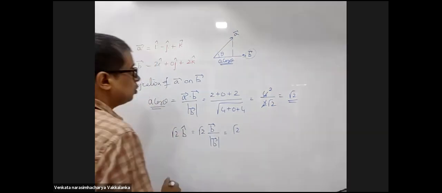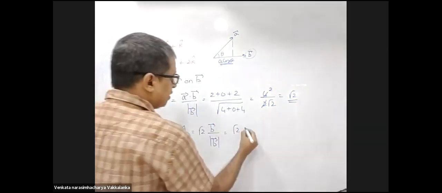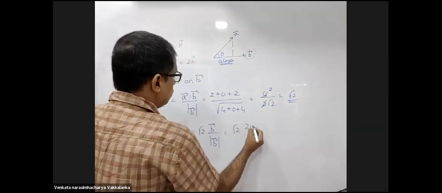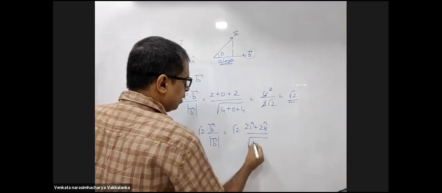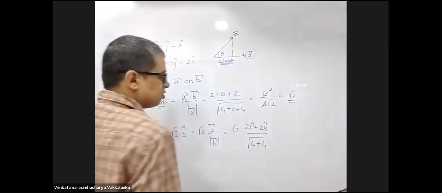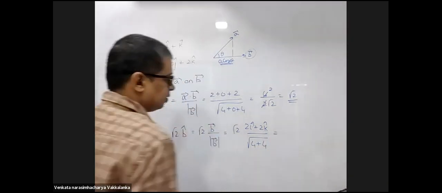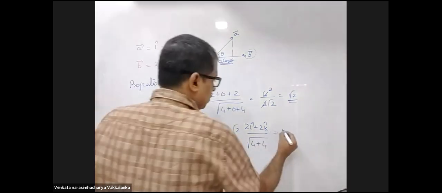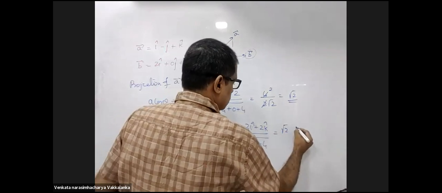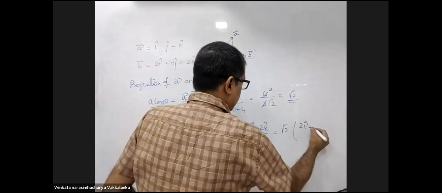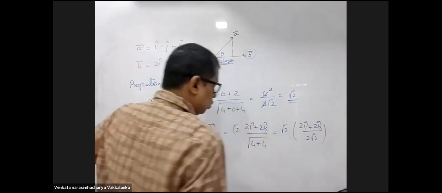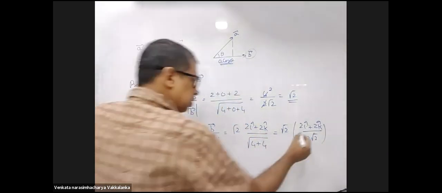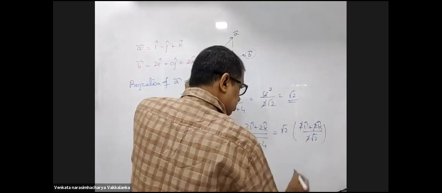Yes. So root 2 times, what is vector B? 2I cap plus 2k cap divided by root over of 4 plus 4. So this will be root 2 times 2I cap plus 2k cap divided by 2 root 2. 2 gets cancelled.